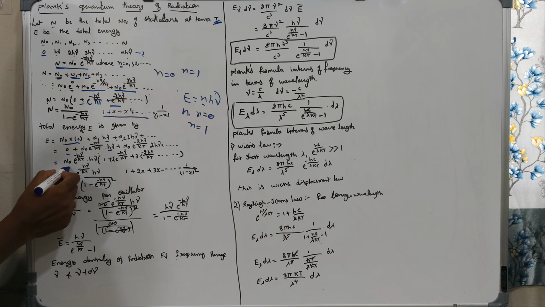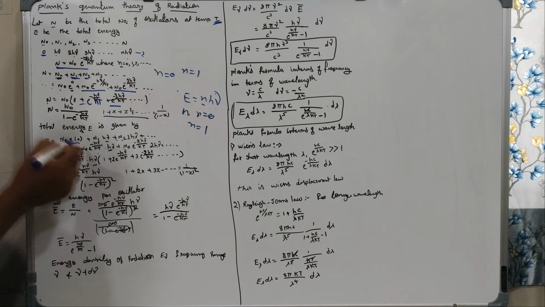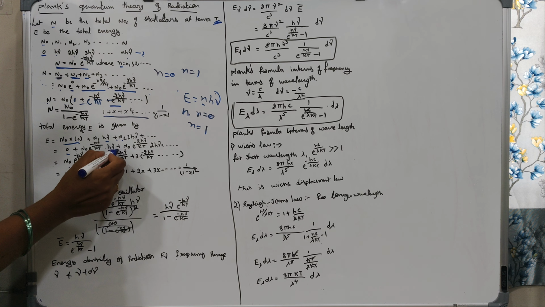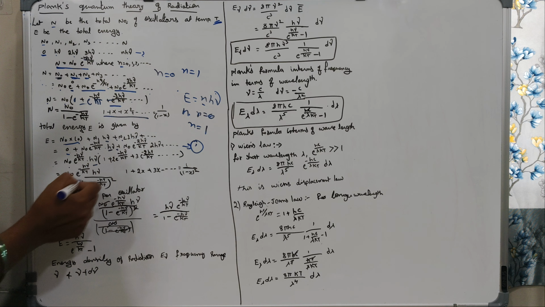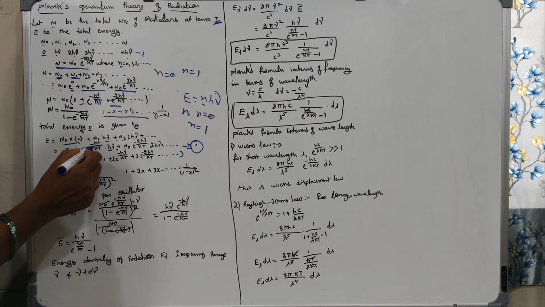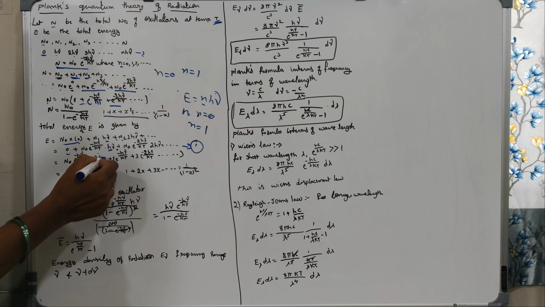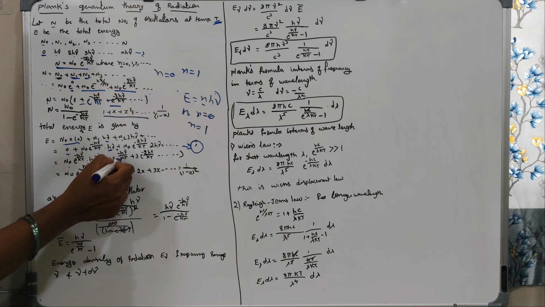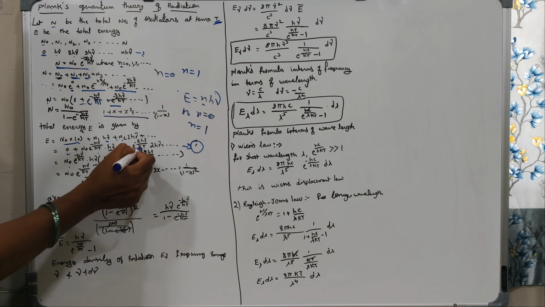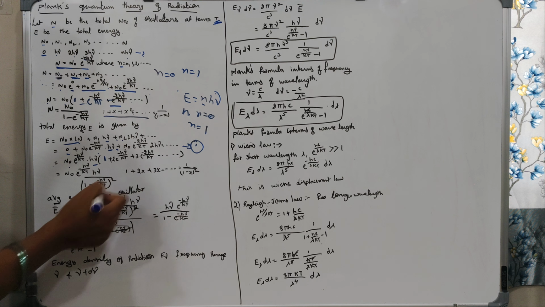Therefore E equals N naught e to the power of minus h nu by kT times h nu, taken as a common factor from the above expression. What remains is 1 plus 2 e to the power of minus h nu by kT plus 3 e to the power of minus 2 h nu by kT and so on.